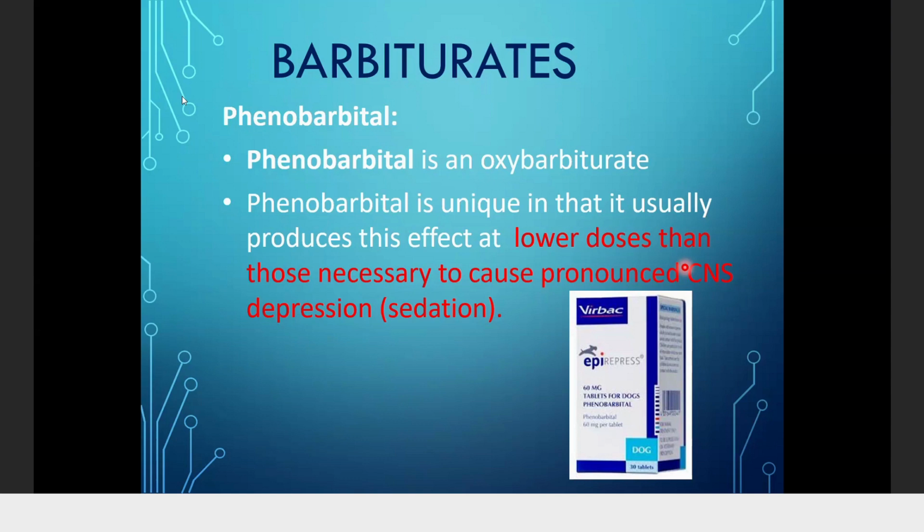So it's unique in that it usually produces the effect at lower doses than those necessary to cause CNS depression. Okay, so it's very effective. Usually for long-term use, the clinician will prescribe phenobarbital for 6 months, even for a year and so.